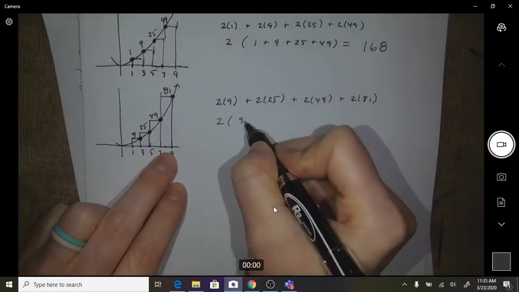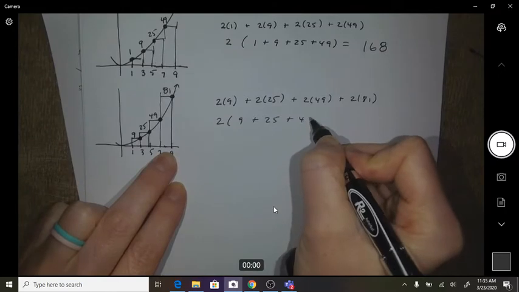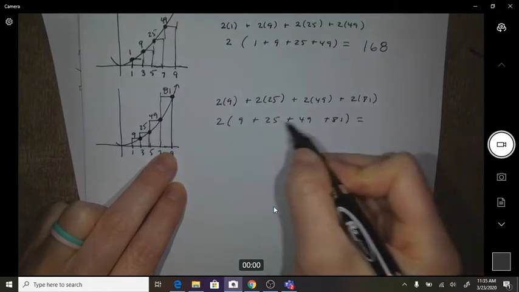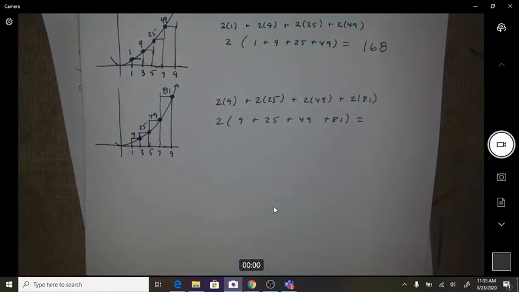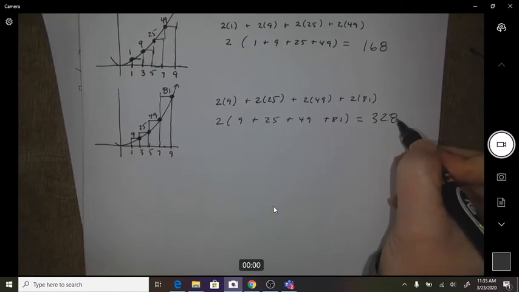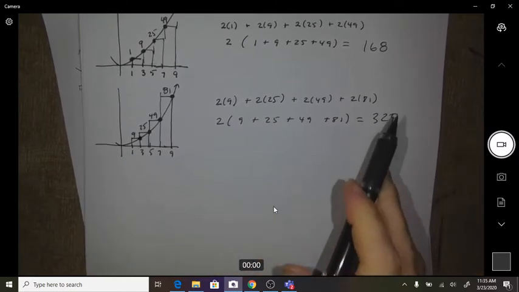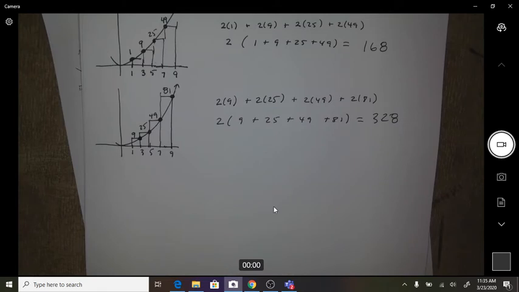Again, if you want to write it in a shortcut, that's what you're doing. So 328. Okay, so again, you can see that our area is probably somewhere between there in the 200-ish range.